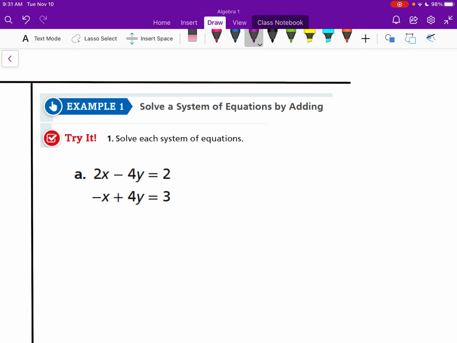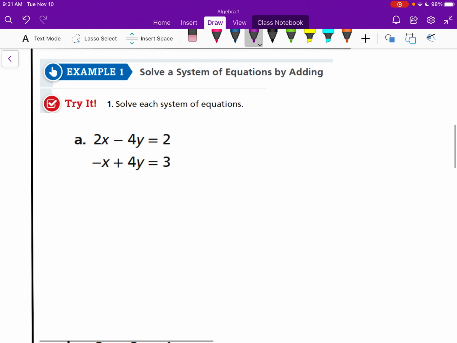If we look at these two equations, we are going to notice that they're both in standard form, and the y variable and the coefficient in front of it are opposite signs. So the first thing we want to notice here is a minus 4y and a plus 4y. Think about what would happen if we were to add those together.